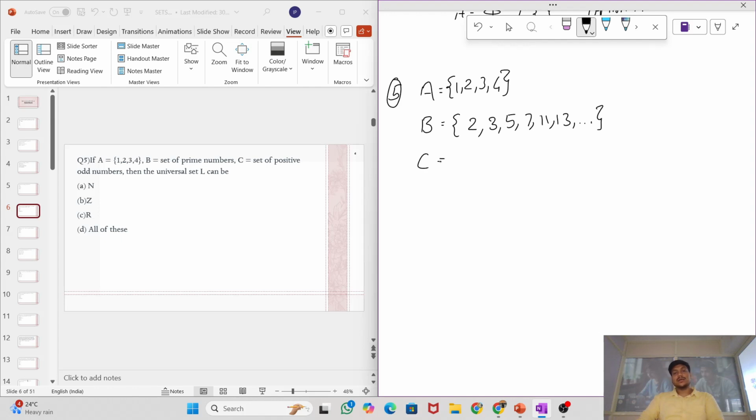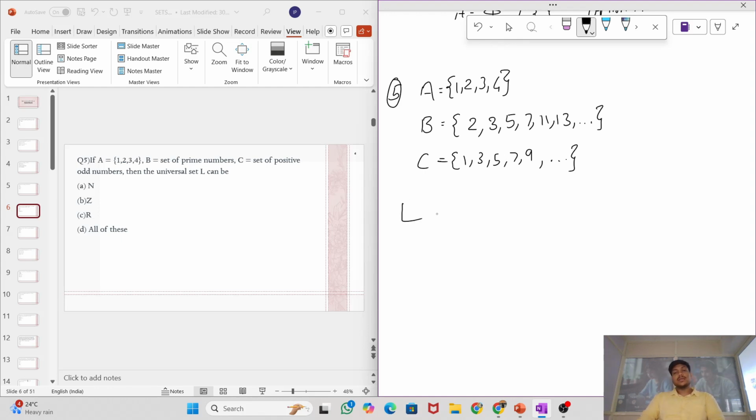Set C is the set of positive odd numbers. That means 1, 3, 5, 7, 9 and it also goes on, as the set of odd numbers would have infinite elements. Now they are asking you which out of the 4 options could be the universal set L.